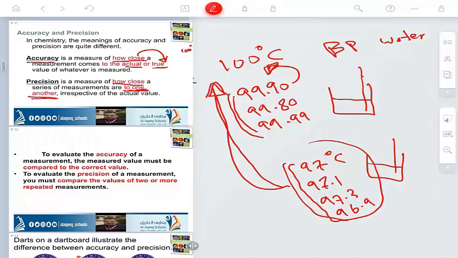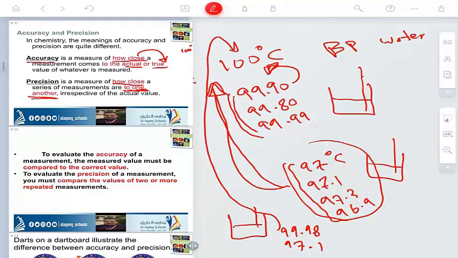But what if you measure the boiling point of water and you find 99.98, okay, and you repeat it again and you find 97.1. At this moment, what do the readings have? The first one is very close to the true or actual value.